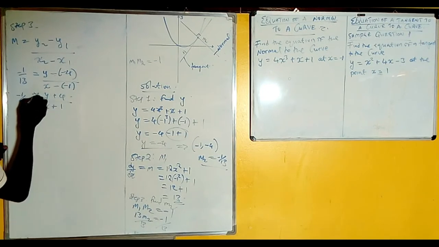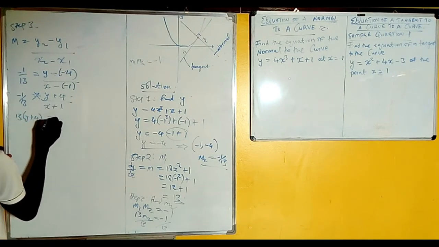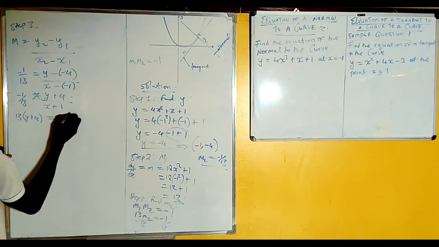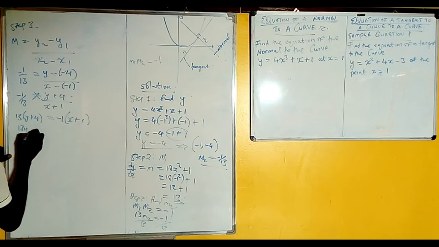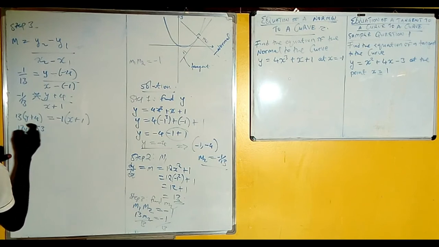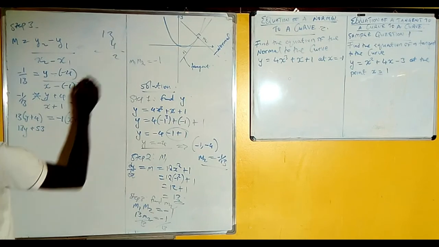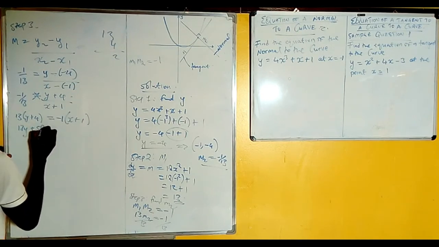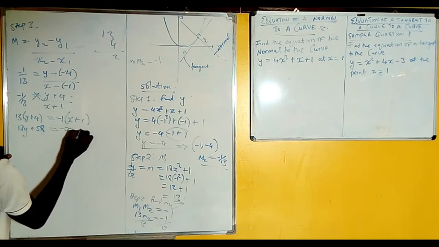Then here it means we cross multiply, so 13 multiplying with y plus 4 should be equal to negative 1 multiplying with x plus 1. So this one we have 13y plus 13 times 4, which is 52, equal to negative x, negative 1.